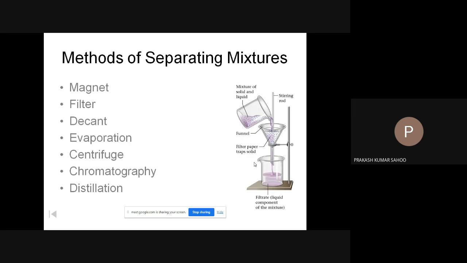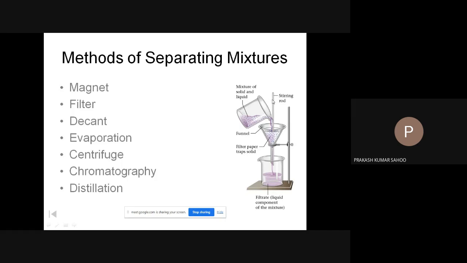So this is just a pictorial demonstration of the filtration process, where this is the mixture of solid and liquid in a beaker, and this is a scientific way to place different apparatus in the filtration process, where this stand is known as a filtration stand, and the cone shape apparatus is the funnel, in which filter paper is set, and under it is another beaker.